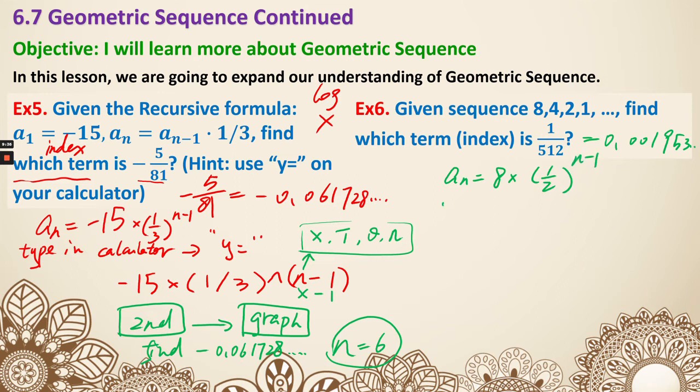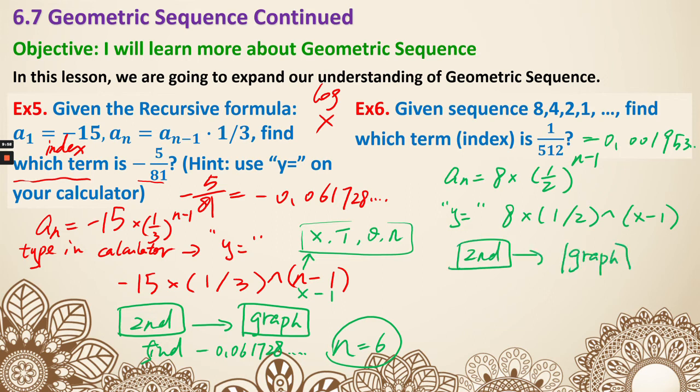So type it into your calculator using the y equals button. That is 8 times 1 divided by 2, little caret, then parentheses x minus 1. So you are going to type in that. Let me actually do that. Then you are going to press the key second, then graph.